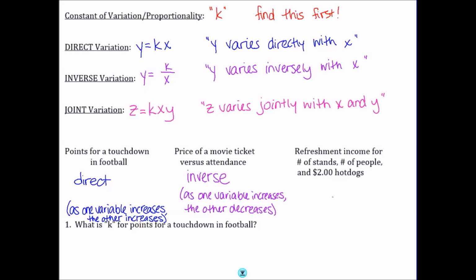This is an example of joint variation. The refreshment income depends on a couple variables. It depends on the size of the ballpark, the percentage of seats that are filled, and the cost of the food.